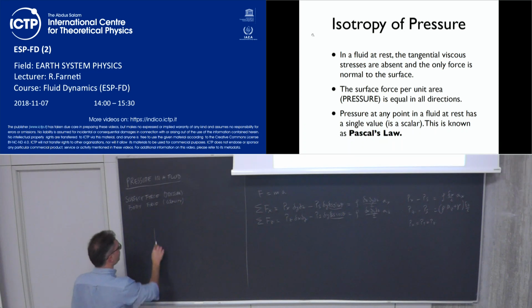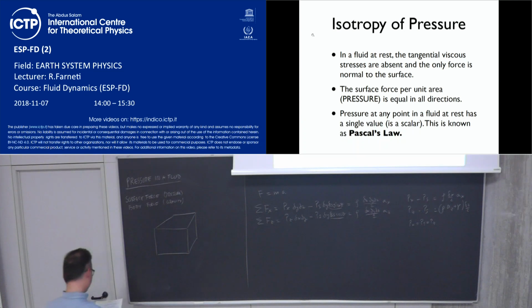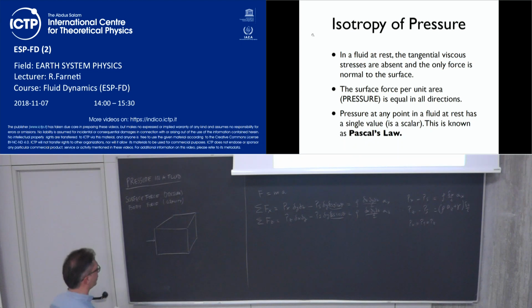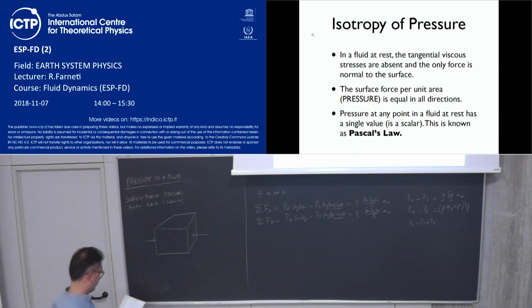Okay, so we can define this small element of fluid. No shear stresses acting on the element of fluid, just a surface force, which is pressure, and a body force, which is gravity, or its own weight. Okay, so what are the forces acting on this element of fluid? This is the center of the element.